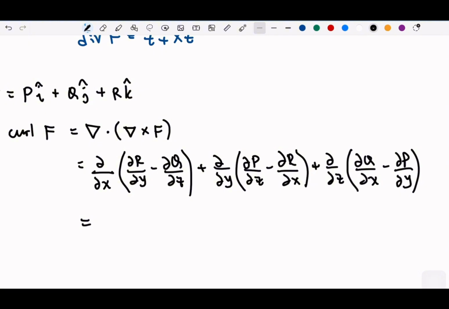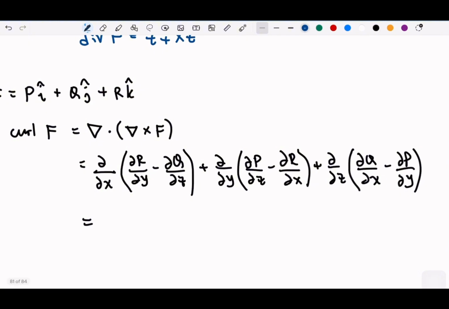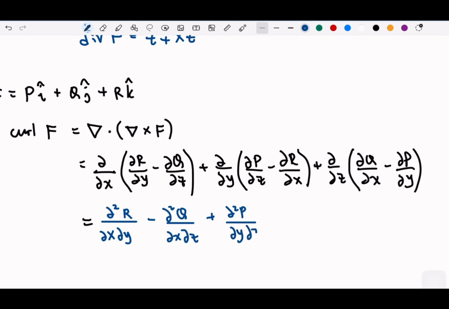So basically we have ∂²R/∂x∂y, and then ∂²Q/∂x∂z plus ∂²P/∂y∂z, and then minus ∂²R/∂y∂x.